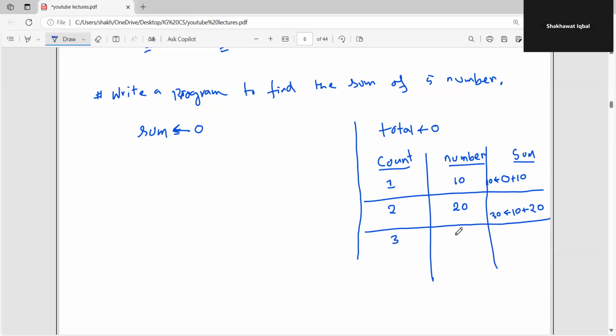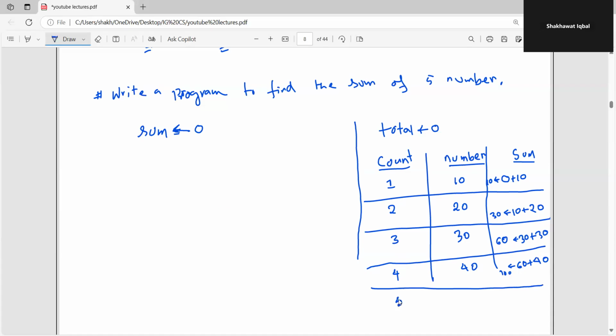Then for count 3, the number is 30, for example. The previous sum is 30, now you got 60. Count is 4. The number is 40, for example. The previous sum is 60, so it turns into 100.